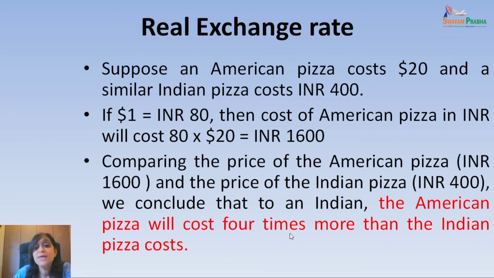For the same pizza in India, you were paying 400, but there you are paying 1600 because the dollar rate is 80 rupees per dollar. So, the dollar is expensive. Hence, when we are converting dollars into rupees, we are paying more. So what is it telling us? It is telling us that when we are exchanging similar goods and services in the domestic market compared to the foreign market, how much more or less of that good you are going to get. Okay, so that is the real exchange rate.